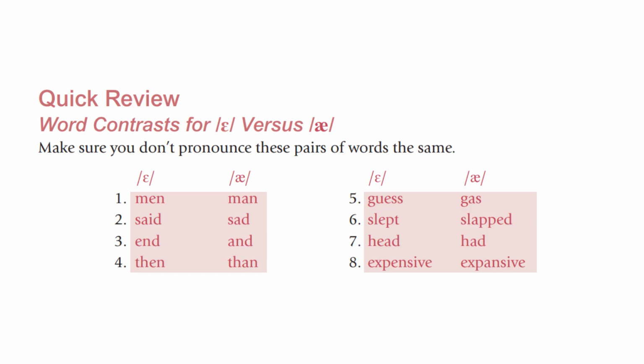Quick review. Vowel contrasts for e and a. Make sure that you don't pronounce these words the same. Men, man. Said, sad. End, and. Then, than.